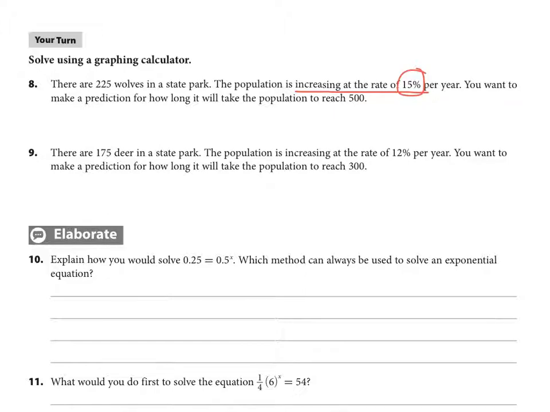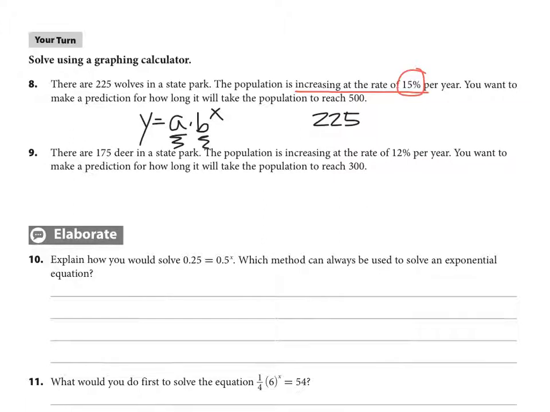Okay, so think about our basic exponential function. y equals a times b to the x, where a is what? Our starting value or our zero term. So in this case, 225 times b. What is b? b is our rate.